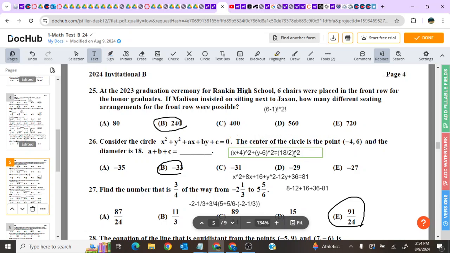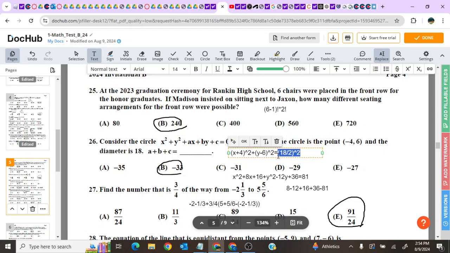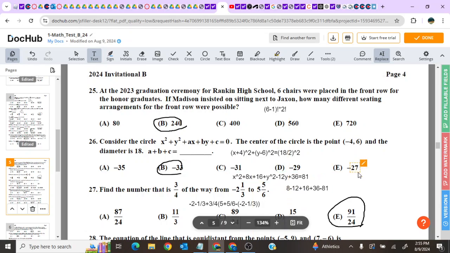And then how it works is that if this was indeed a radius of 9 away, it would have an x value of -13 or 5, and therefore would become 9 squared. So this also has to be 9 squared to match that radius. So now that you have that, you can expand your equation and solve for all the values. Do that and you get -33.